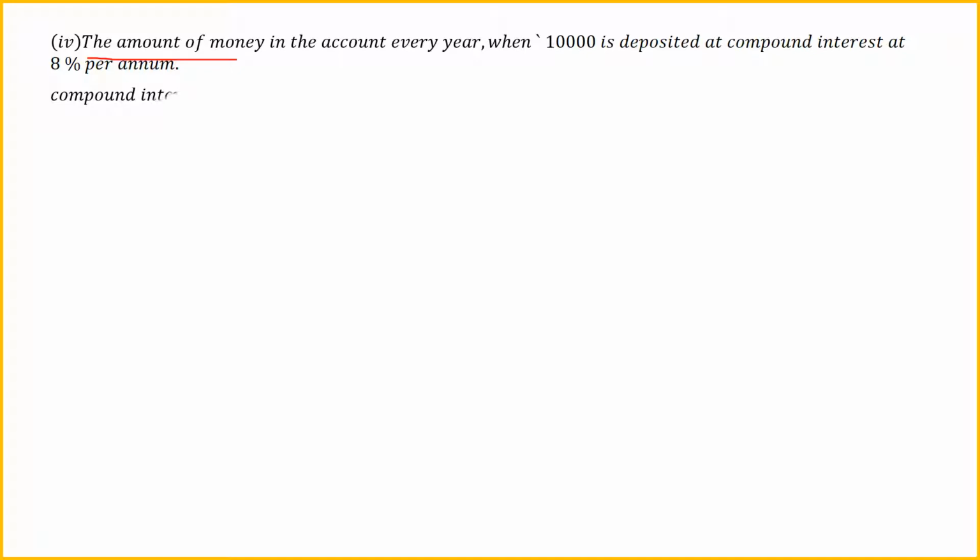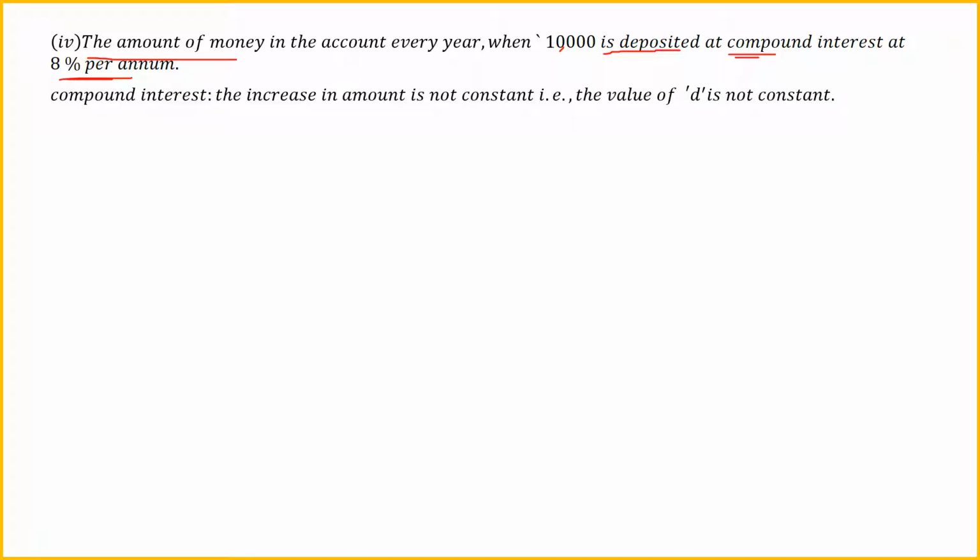The next question, the amount of money in the account every year when 10,000 is deposited at compound interest at 8% per annum. As the question is related to compound interest, I would say the situation is not in arithmetic progression.